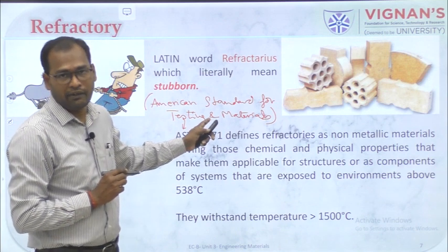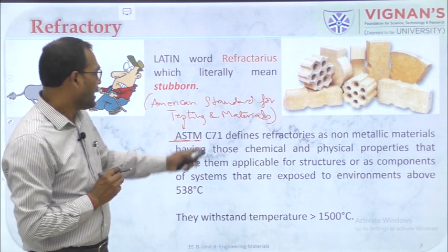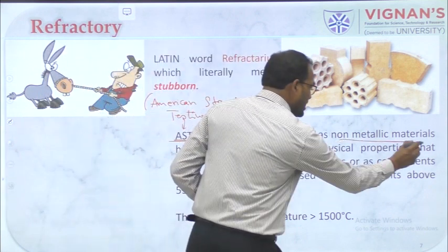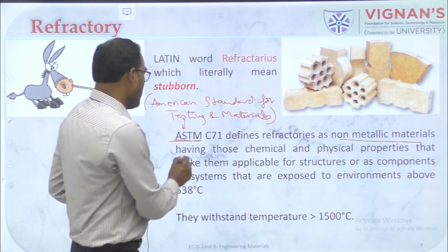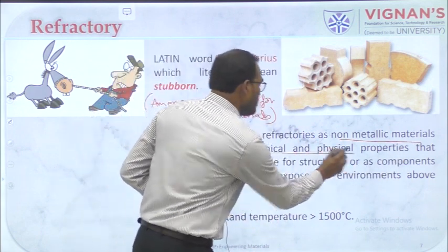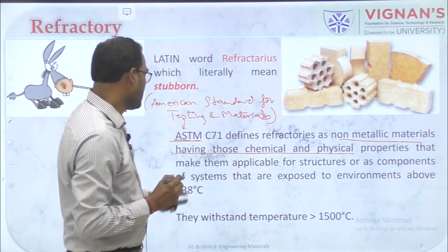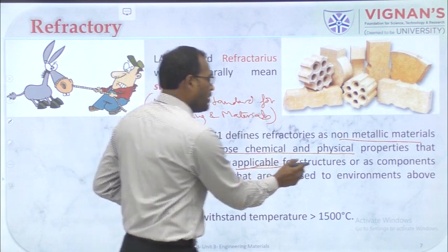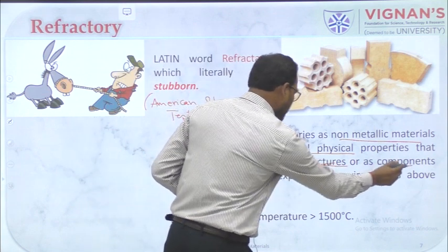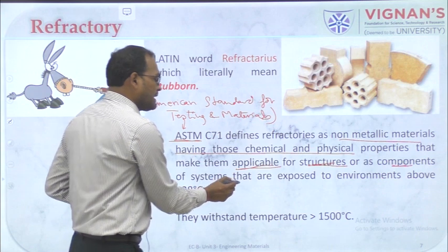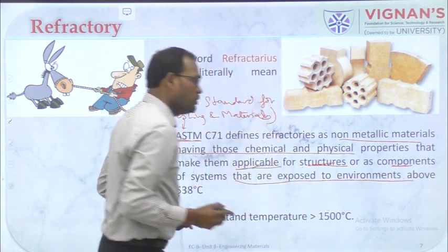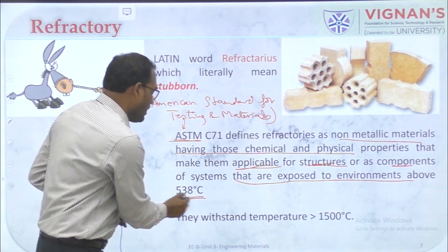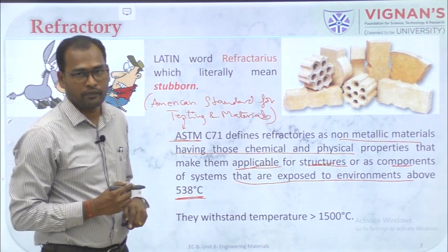They have coined the definition for refractories, and it goes like this. They define refractories as non-metallic materials having chemical and physical properties that make them applicable for structures or as components of systems that can be exposed to harsh conditions or environments with a temperature above 538 degrees Celsius.